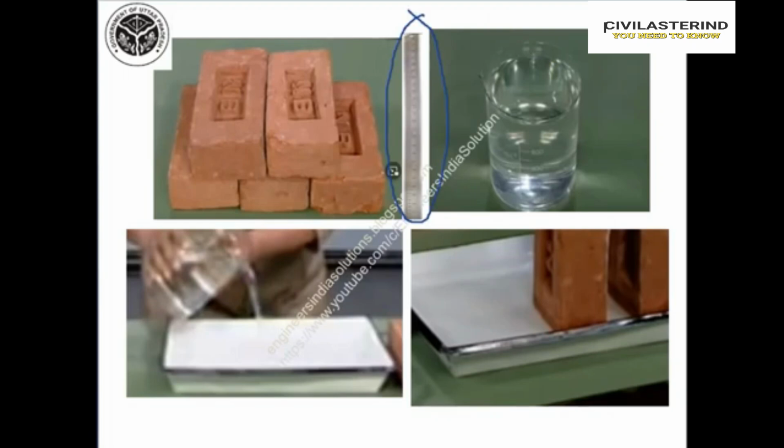Here we have the scale, and the scale is in centimeters over here. Here, as you can see in the figure, we are pouring water. So now the water is poured inside this tray, and we place a scale right inside this tray and maintain the level up to about 2.5 centimeter.